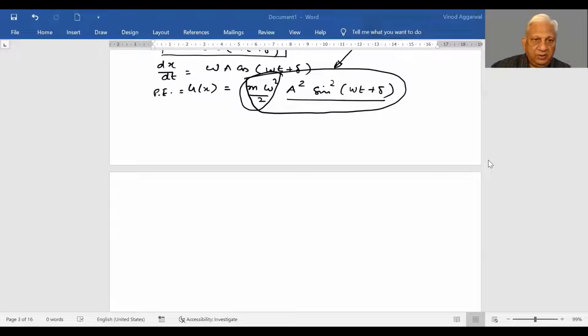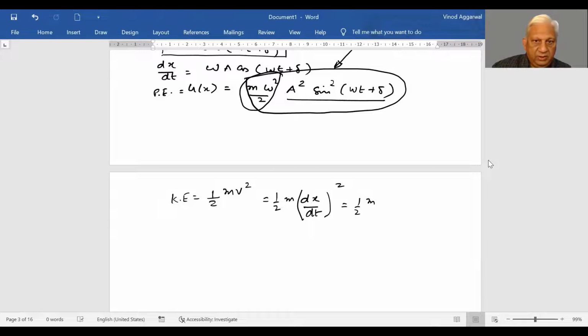Similarly, let us calculate the kinetic energy. Kinetic energy we know is equal to half m v square, right? This is equal to half m times dx by dt squared.